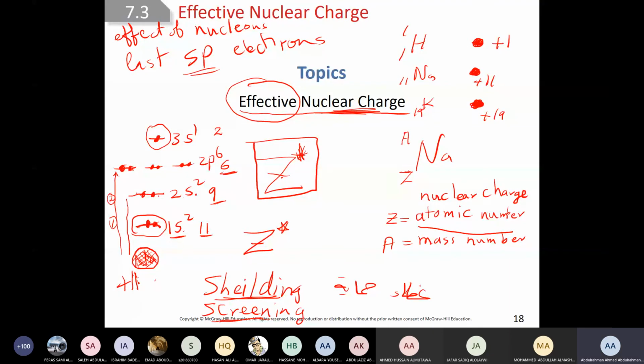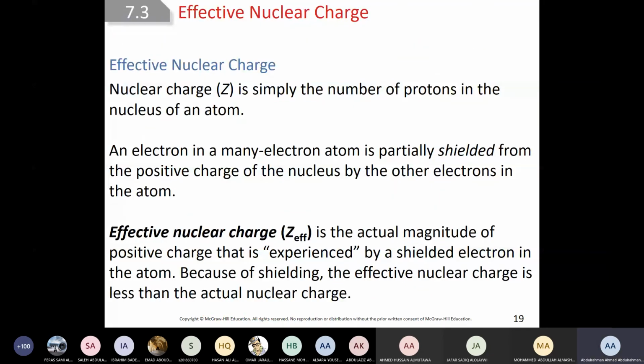How about the last one? It will be very far away, and all these electrons are shielding. That's why this will probably see the power of only 2, not 11, but 2 only. This is called Z effective. Is this clear? Okay, this is called Z effective nuclear charge.